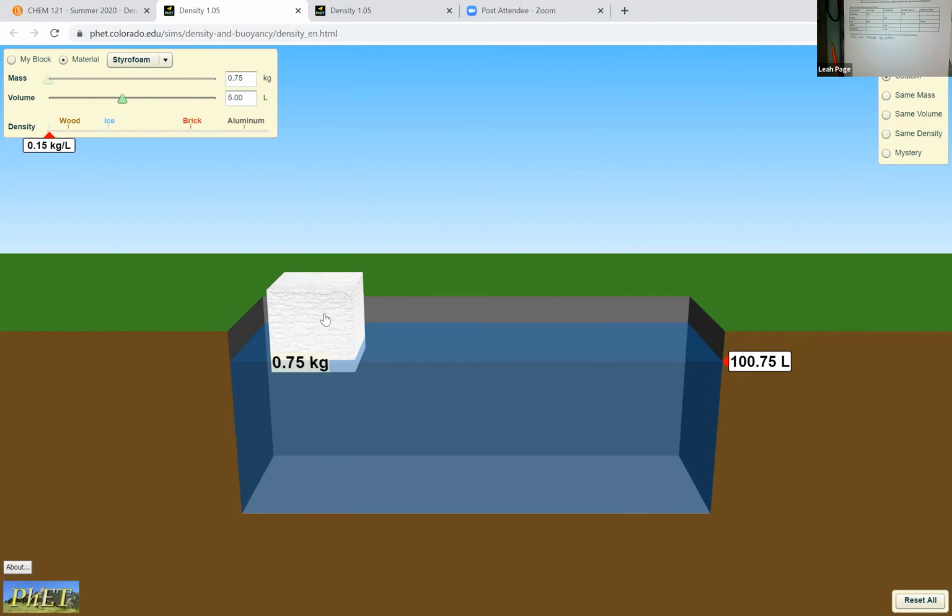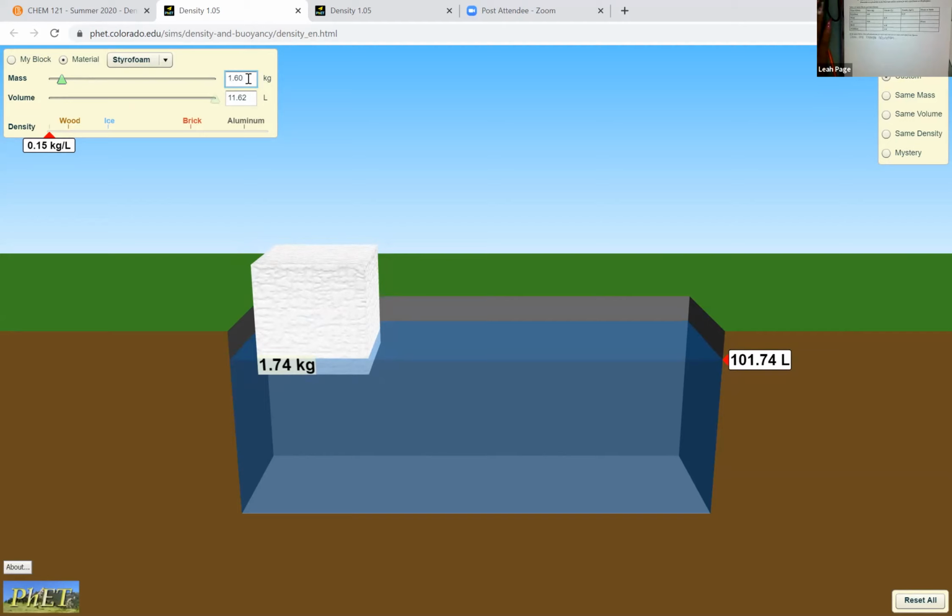The first block of styrofoam, under mass, tells me that my styrofoam has a mass of 1.60 kilograms. This is all from the table. To change the mass of the styrofoam, I'm going to go over here where it says mass, and I'm either going to drag this over to 1.6, or I can just go to the block right here and type in 1.6.